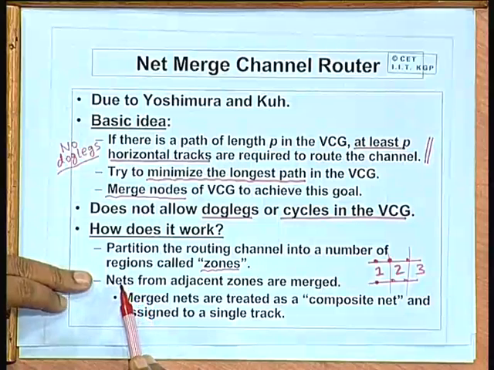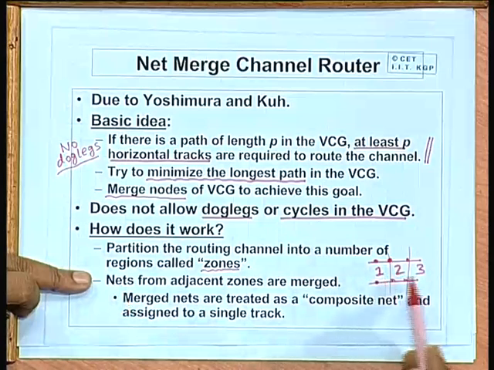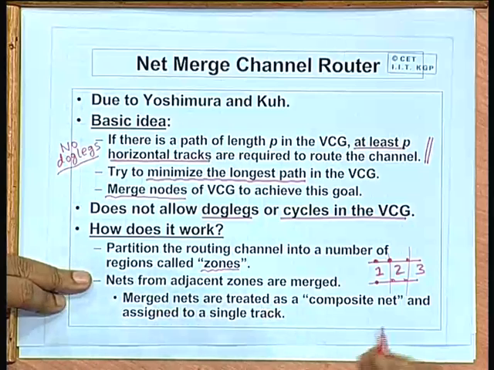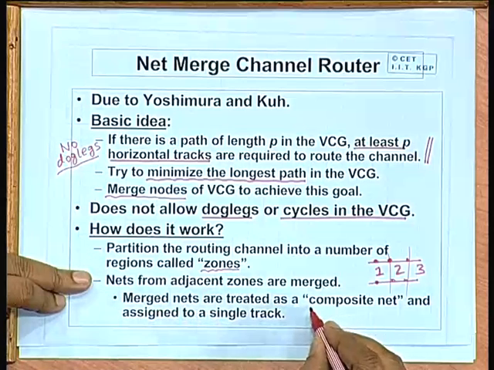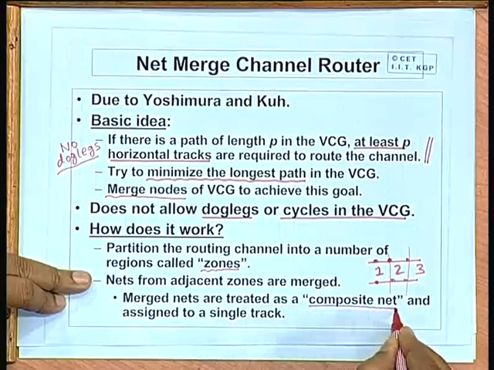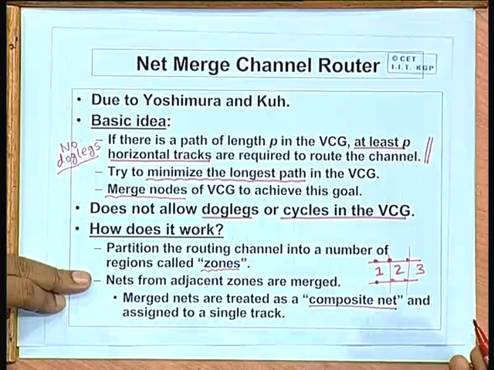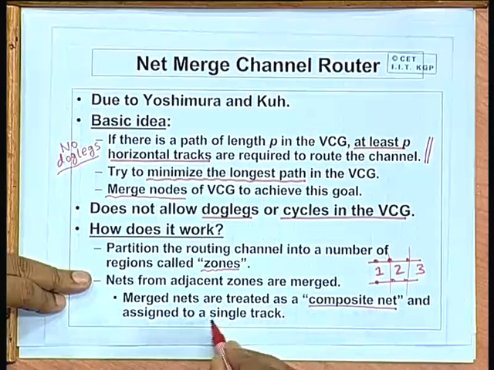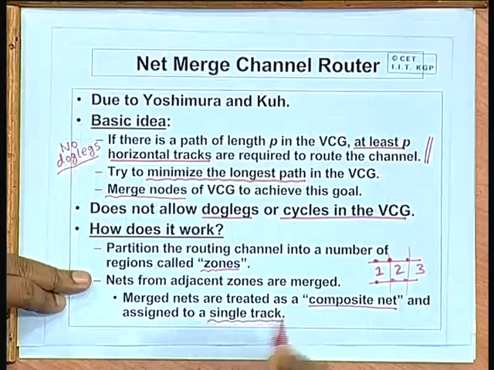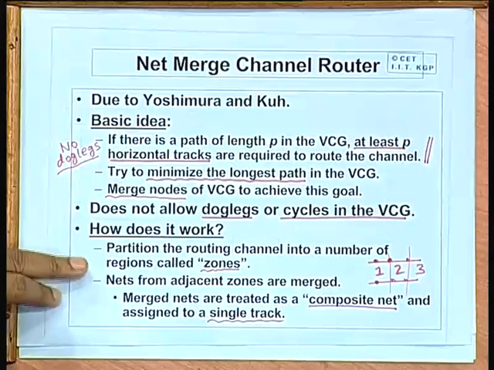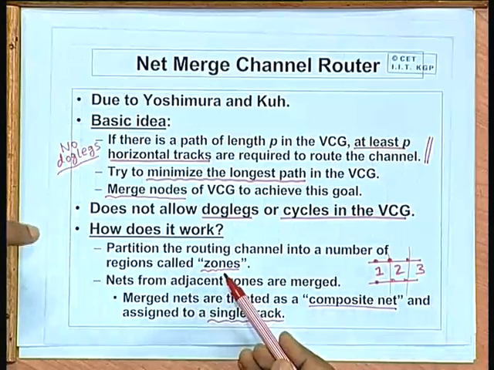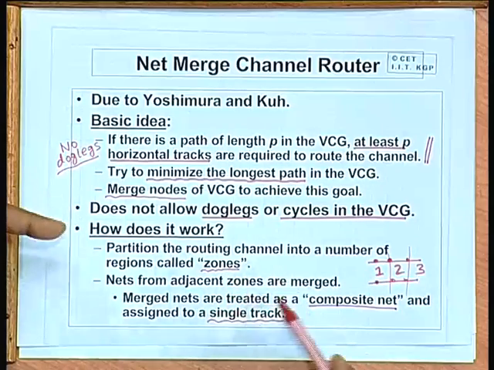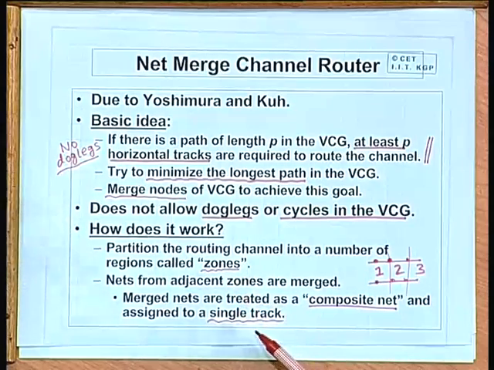So, we can merge two nets which belong to adjacent zones. And as I said, once you merge them, the merged nets will be treated as composite nets, and when you allot them to the tracks, the composite net will be assigned to a single track. Now let us see how this zone definition is carried out and how we can use it to merge the nodes and assign them to tracks.